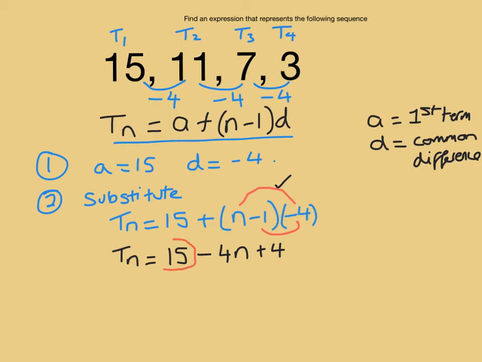So I have a 15 and I have a plus 4. I cannot add these two terms. They're not like terms. One has a letter, one is a number. So just bear that in mind.